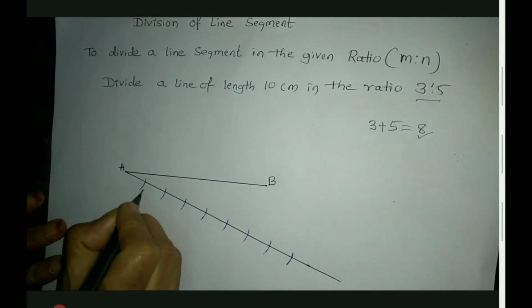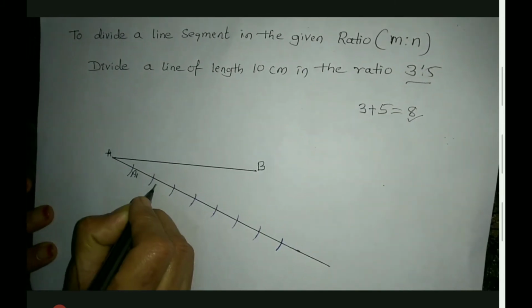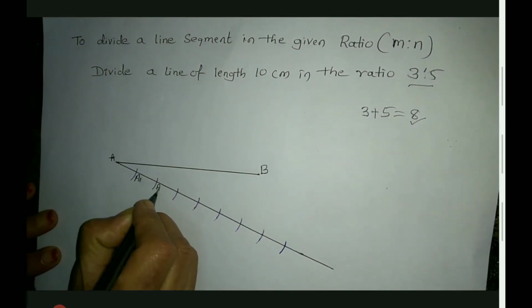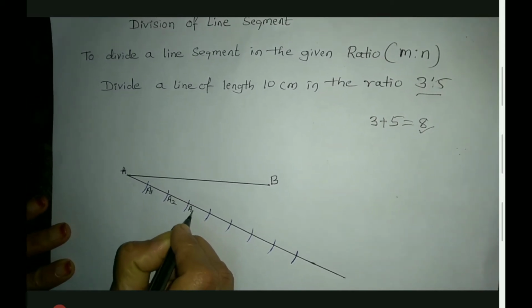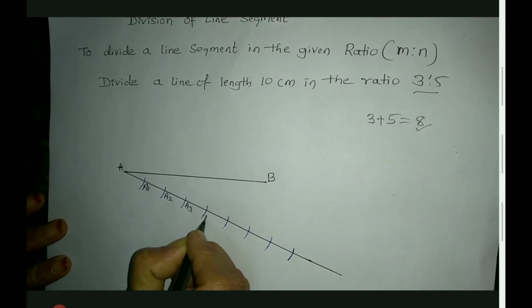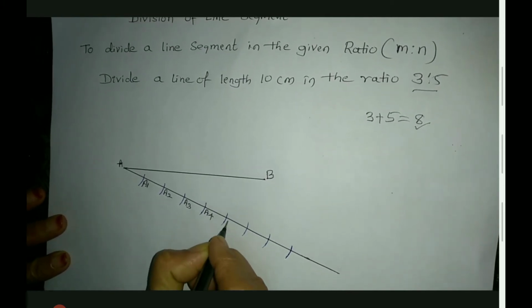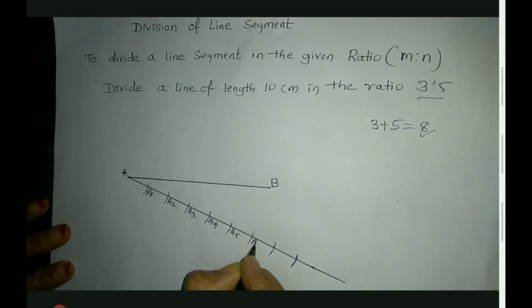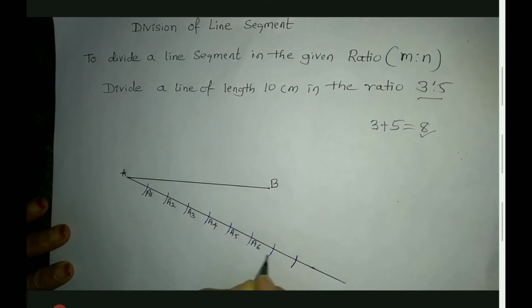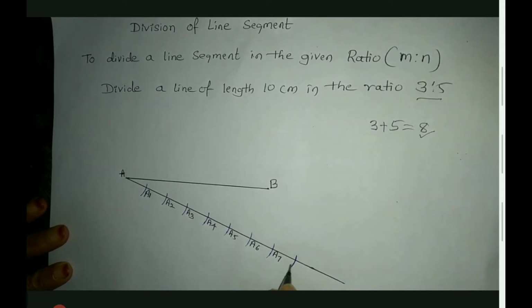Next, here it is the first part A1, and A2 the second part, A3 the third part, A4 the fourth part, the fifth part A5, like this way, A6, A7, A8.